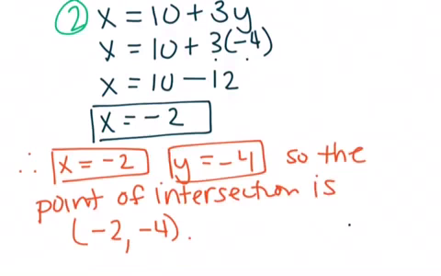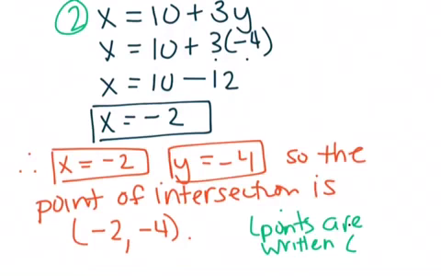And don't forget that the reason why we write that is because points are written as x comma y, like that. So that's how we got -2, -4.